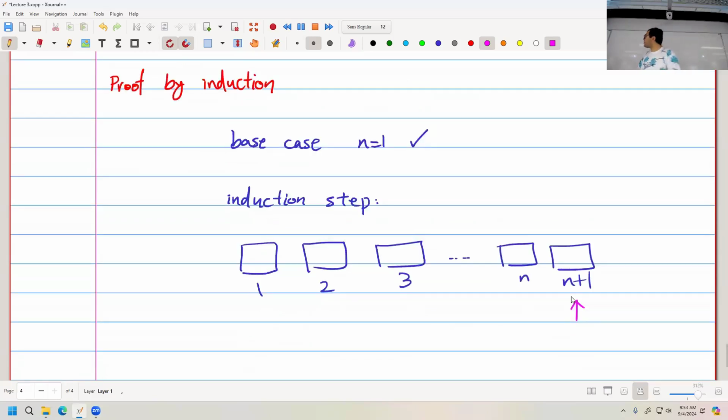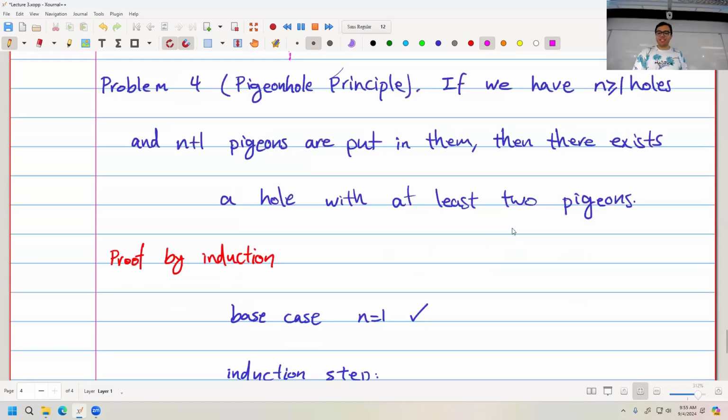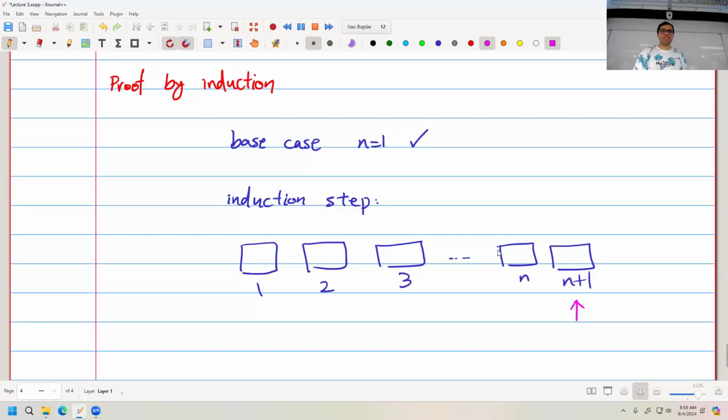Okay, so if I don't put any pigeons here, then I have n+2 remaining pigeons, and I only have n holes to put them in, right? Kill one of the pigeons. Now I have n+1 pigeons, and I have n holes. And now I can use the assumption that for n holes, if I have n+1 pigeons, at least 2 pigeons are going to be in the same hole.